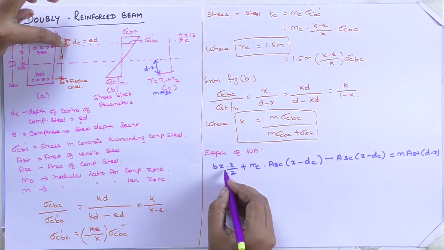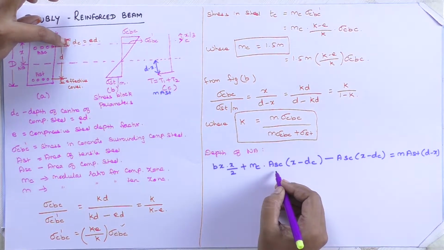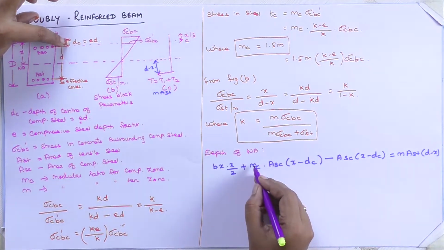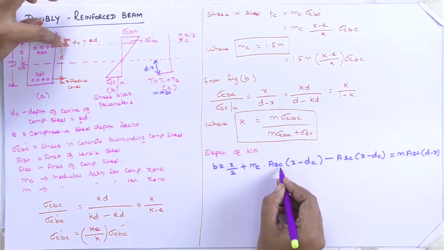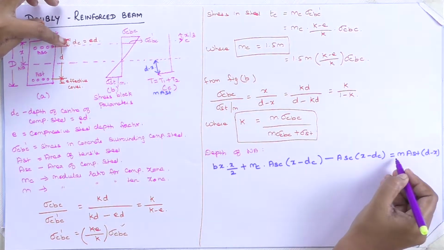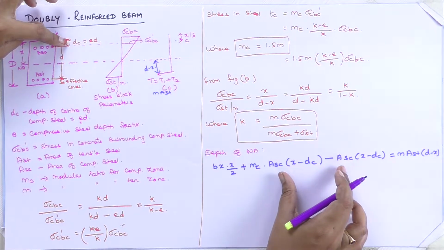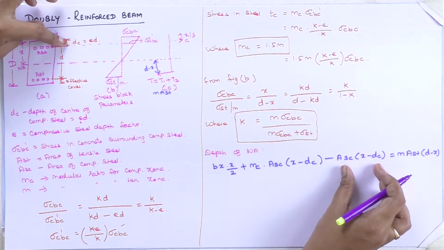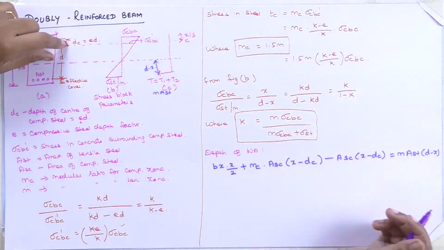So b into x square divided by 2 plus mc into asc, that is the equivalent area of concrete converted to the area of steel section in the compression zone, minus your area of steel, is equal to, here you need to calculate the moment of concrete alone in this part. So that's why we are neglecting the area of steel present in your compression zone. Okay, right.